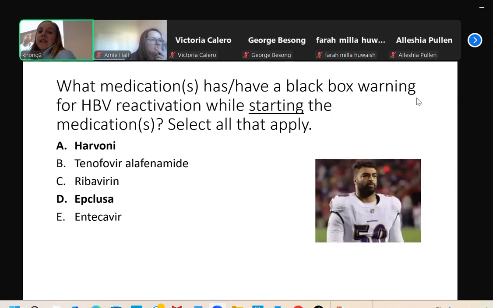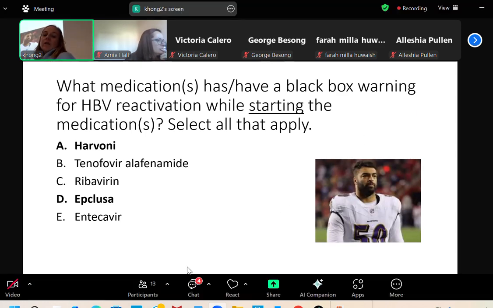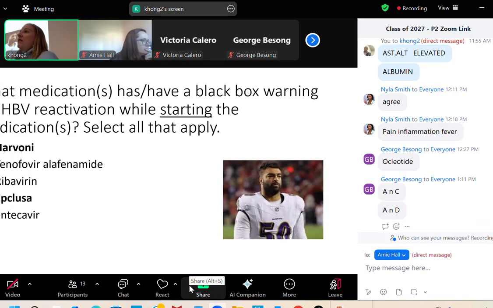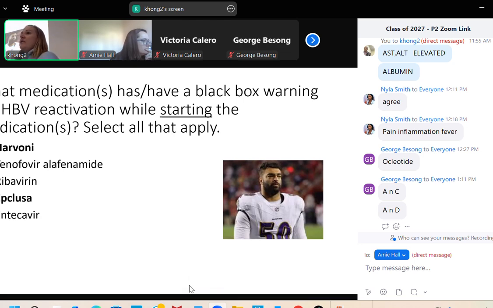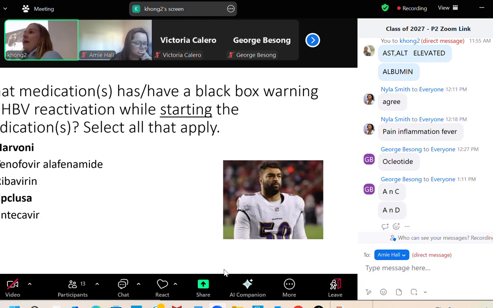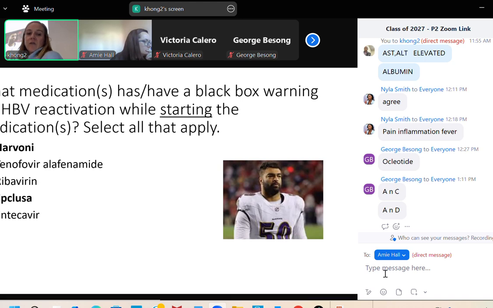Exactly. If you have Hep B and C co-infection, we know that starting Hep C therapy can pose a risk for Hep B reactivation. Those are our key Hep B direct acting antivirals.